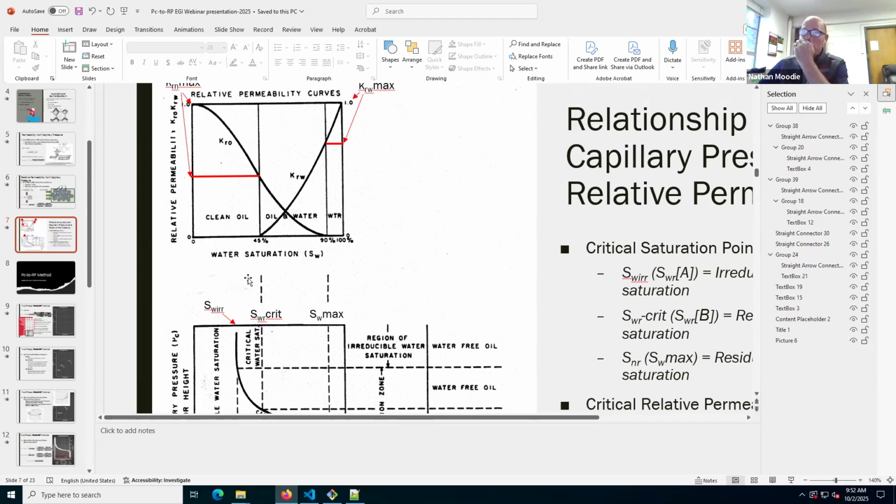If you think that your reservoir is not going to push all the way to full water saturation, then your relative permeability isn't going to get all the way up to 1 here, but you'll have a lower relative permeability and this amount of trapped gas. Similar on the other side, if it's oil here, you have this amount of trapped water. So at this point, it's 45% trapped water here. So that's how you deal with that.